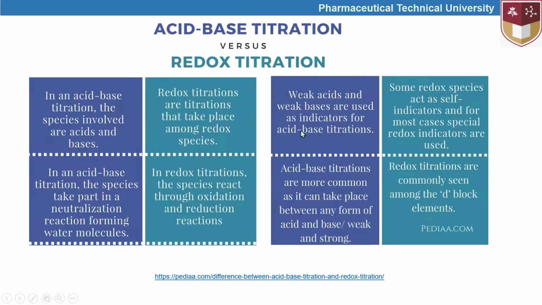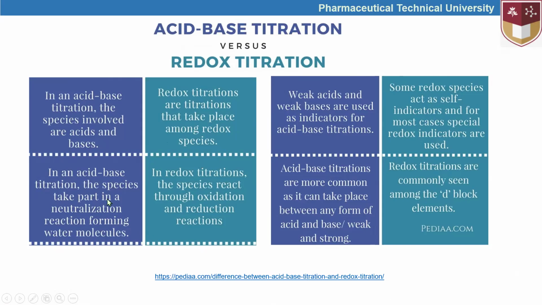Okay, next. This is about redox titration compared with acid-base titration. Acid-base titration uses different species involving different acids and bases, and redox titrations use different compounds, the oxidation state of which changes.